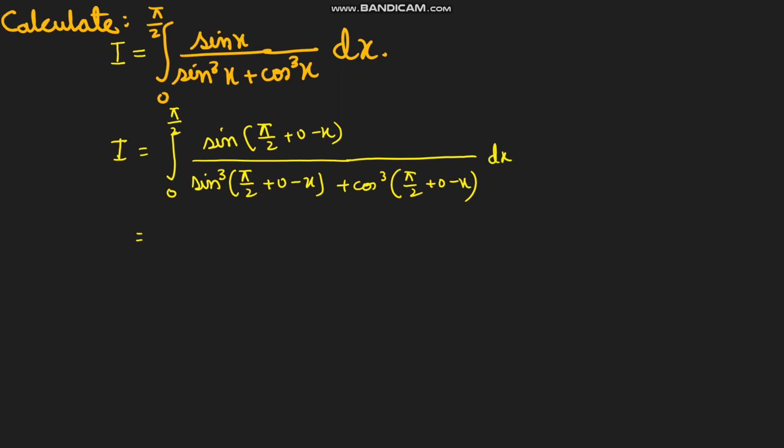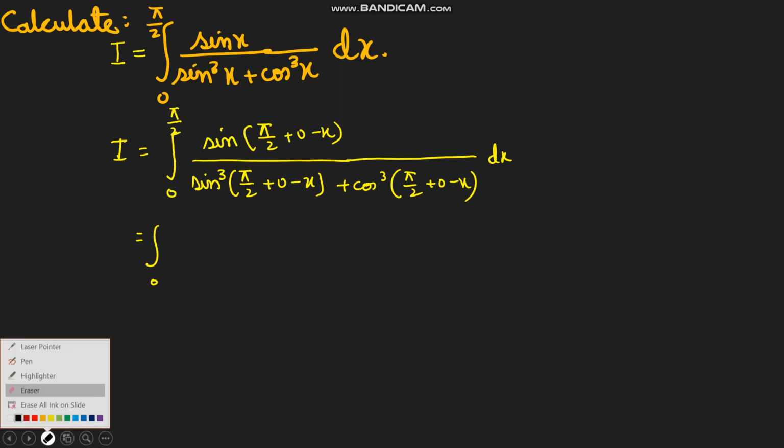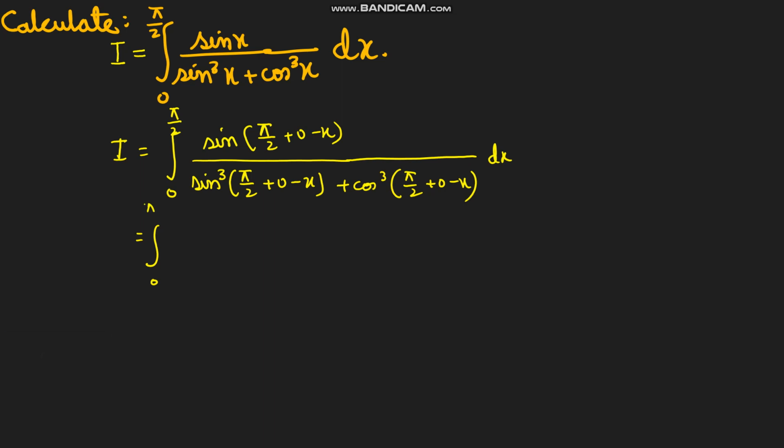So this is equal to the integration from 0 to pi by 2. Sine of pi by 2 minus x is cos x. Now this is cos x by cos cube x plus sin cube x.